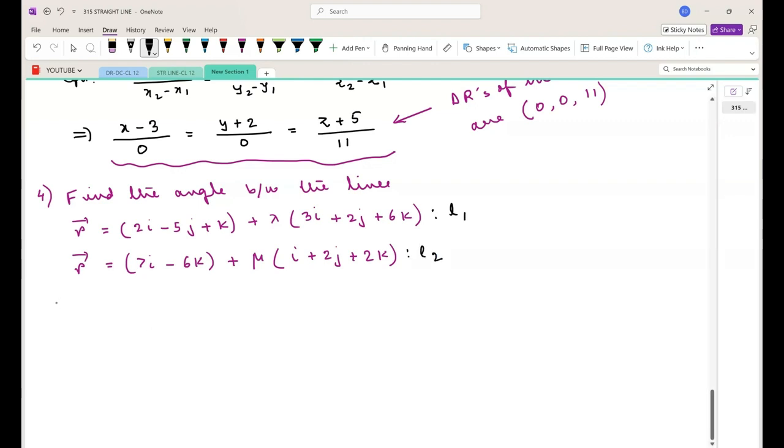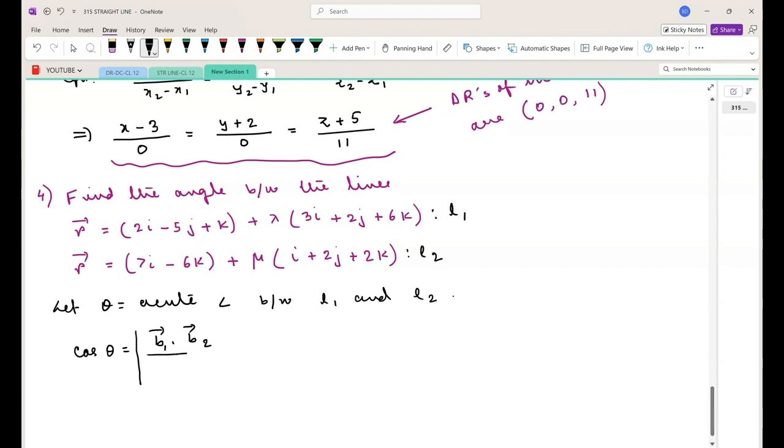Okay, so let theta be the acute angle between L1 and L2. Now we know that our formula is cos theta equal to mod of the dot product of the vectors b1 and b2 by modulus of b1 into modulus of b2.